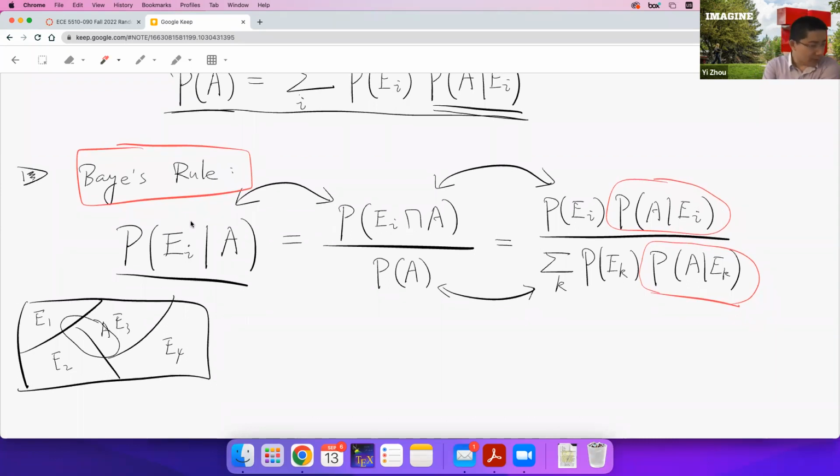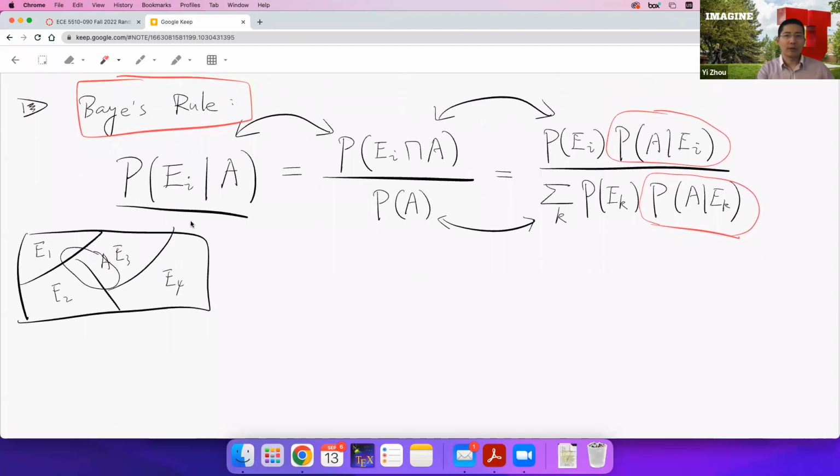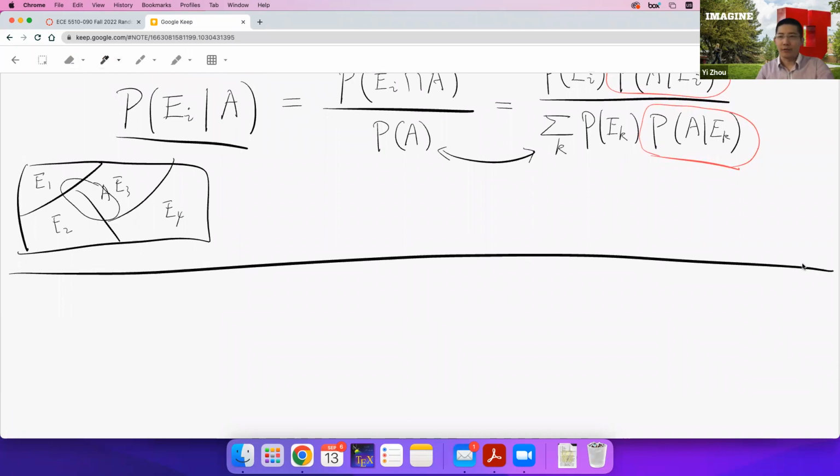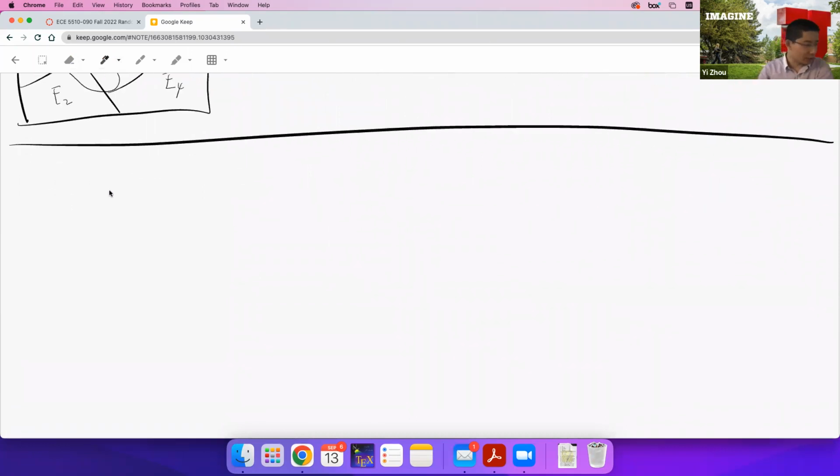So let's look at some very interesting problems and see how this Bayes rule can be applied to solve these problems. And the first one is a very, very interesting problem. Well, the statement is a little bit long, but let me try to explain this.